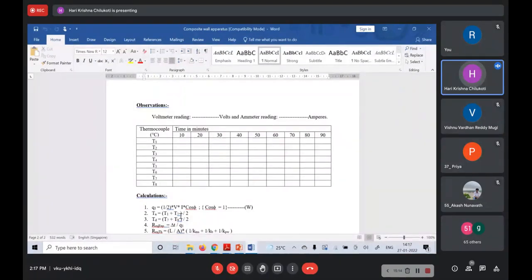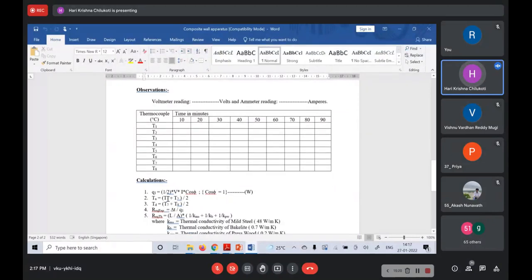We can simply average them at the same places, which correspond to the same location on both sides. So the first one will be T1 plus T2, which gives one temperature, and T7 plus T8 gives another temperature.